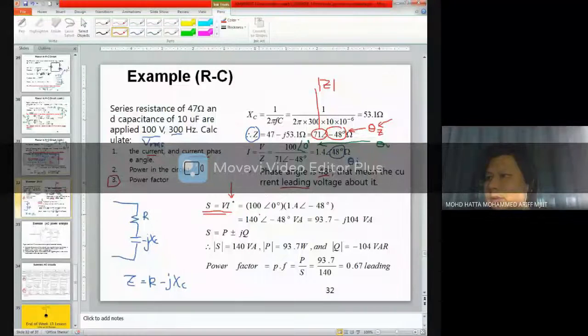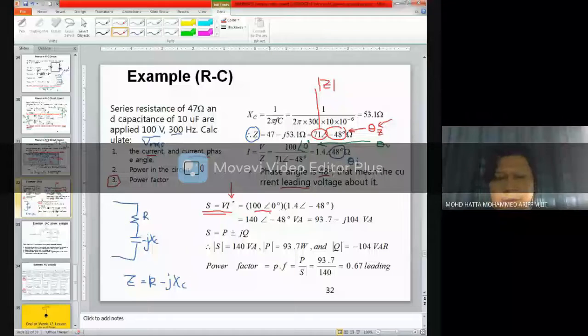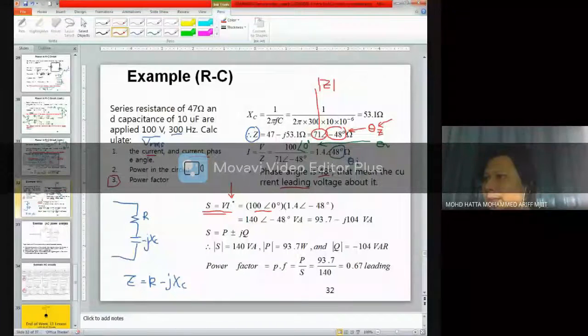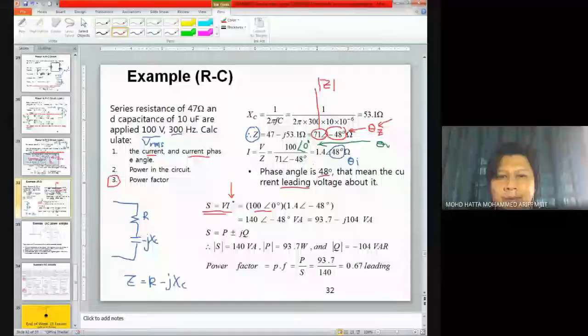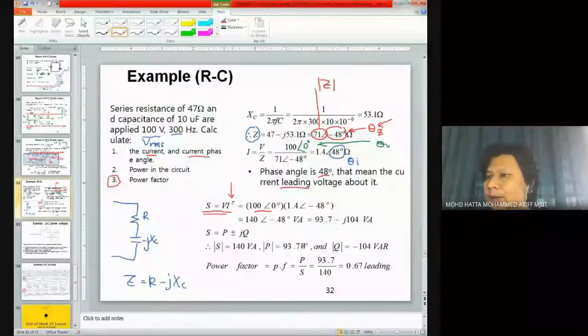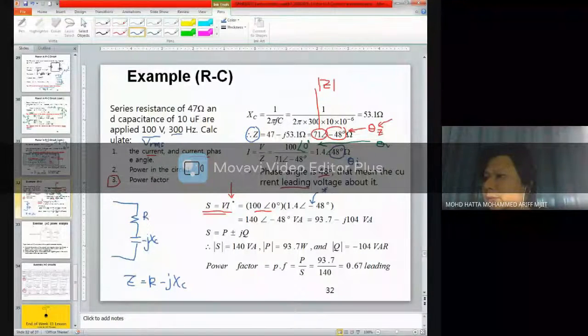Voltage is quite straightforward. However, for the current you calculated earlier, 1.4 with an angle of 48, to get the conjugate value of the current, you just add a negative sign. So the negative over here gives you the conjugate value of your current.